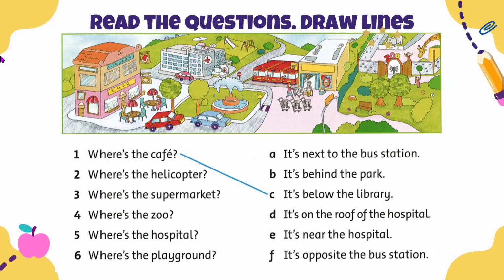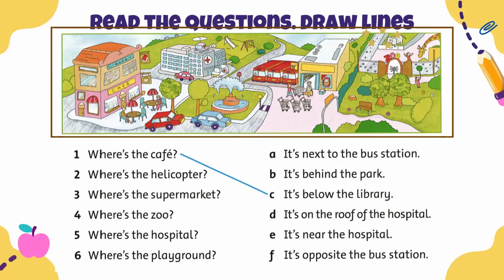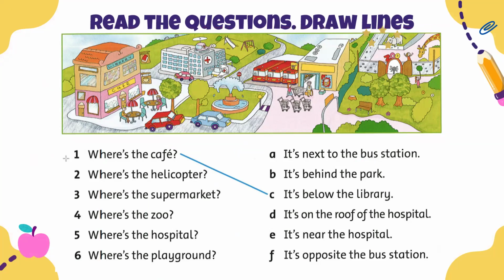So this is a picture of a town. Now your turn, Dolin. Where's the helicopter? Let's look at the helicopter. Where is it, Dolin? It's right here. So how will you say that?